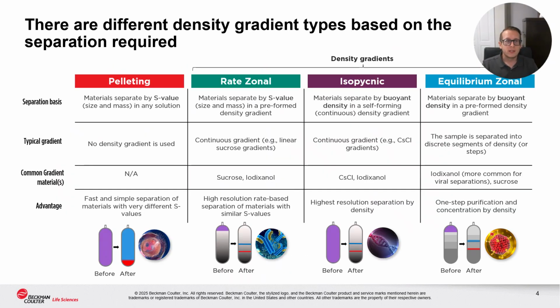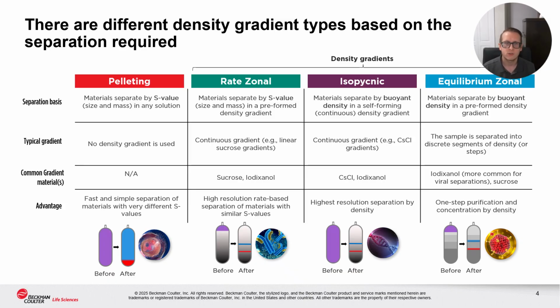So one important consideration is the type of density gradient being used, and your choice will depend on what you're trying to separate. Starting on the left side here, I'm sure everyone is familiar with pelleting. This is only included here as a means for comparison, since it's not a density gradient method. Much like pelleting, however, rate zonal centrifugation separates on the basis of sedimentation coefficient, or S value, but it does so with significantly higher resolution than pelleting.